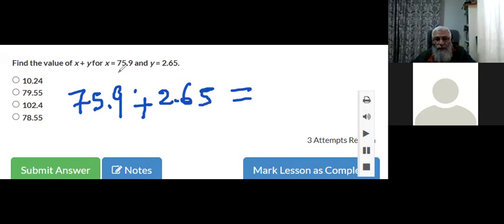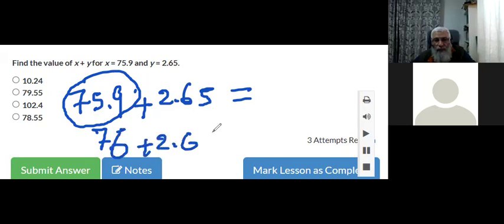X plus y, and x is a positive number and y is a positive number. This is approximately 76. 76 plus 2.65. This is equal to what?